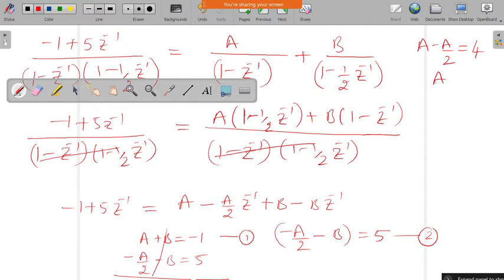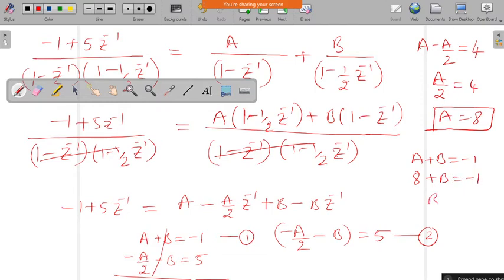So then we get A/2 equal to 4 and A equal to 8. So this is the value of A. Now if you substitute in any one of the equations, you will get the value of B. A + B equal to -1. If I substitute the value of A, you will get the value of B, B will be -9.